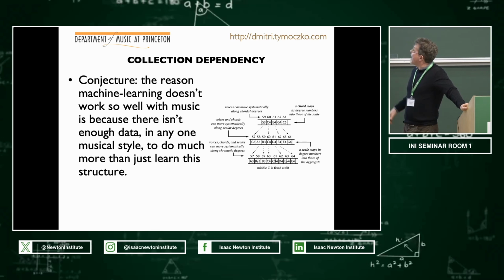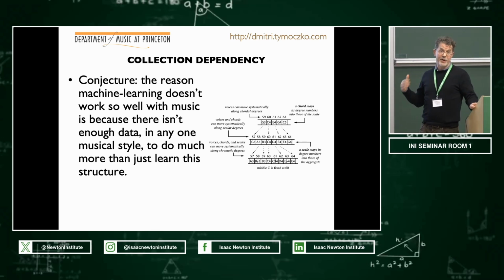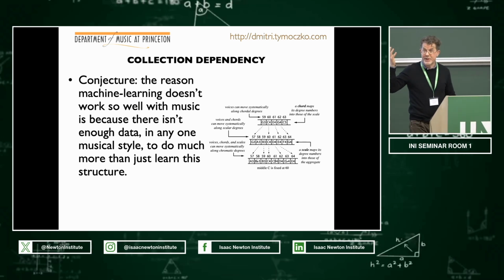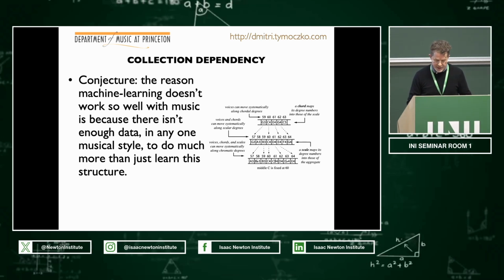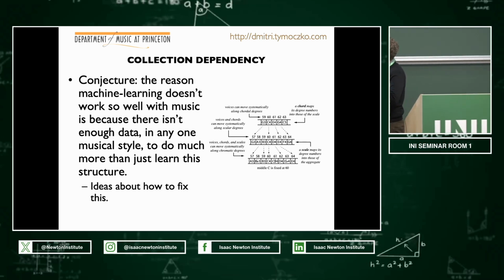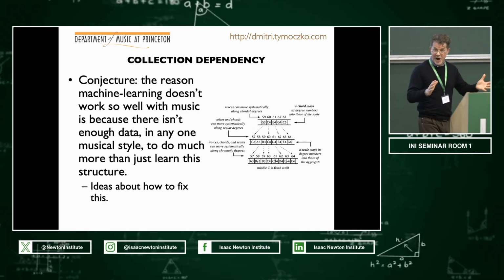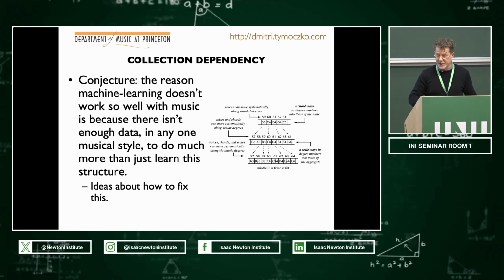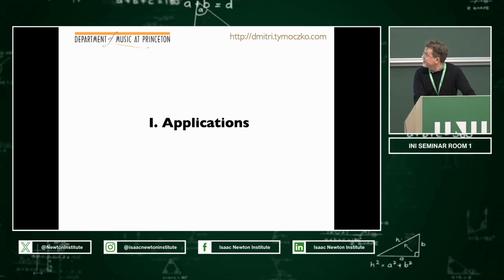And I think the reason for that is there just isn't enough data in any one style for machine learning algorithms to do much more than pick up the rudimentary basics of this kind of structure. And if that's right, that suggests a way to fix it by generating artificial data that has the appropriate structure and then pre-training your model artificially and then maybe finishing it off with actual music. So that's an interesting project.